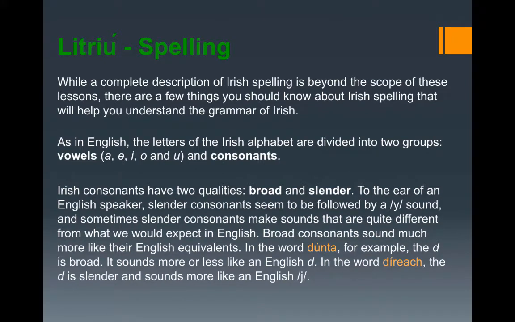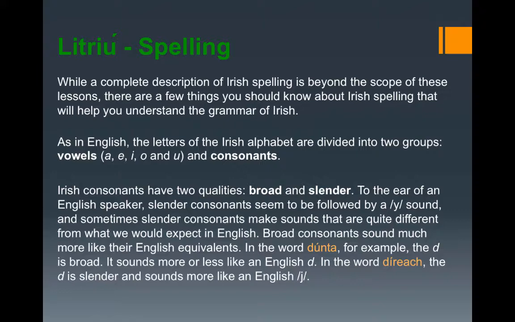While a complete description of Irish spelling is beyond the scope of this lesson, there are a few things you should know about Irish spelling that will help you understand the grammar of Irish. As in English, the letters of the Irish alphabet are divided into two groups, vowels and consonants. Irish consonants have two qualities, broad and slender.